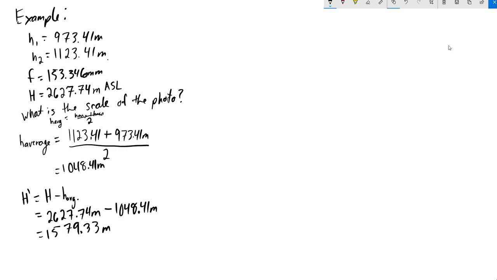Now we can do the full calculation. So 1 over s equals f over h prime, and that equals 153.346 millimeters divided by 1579.33.